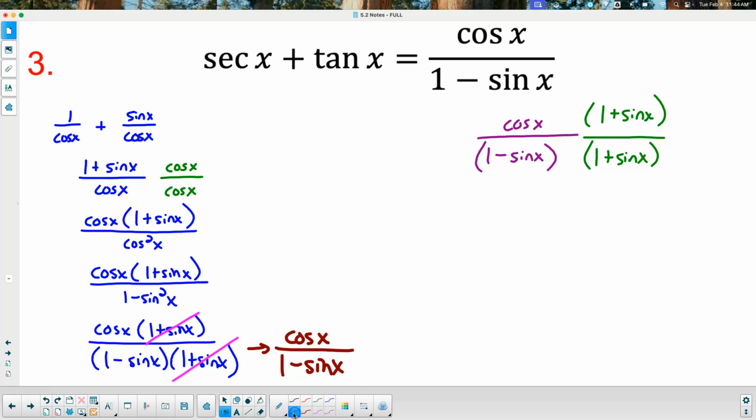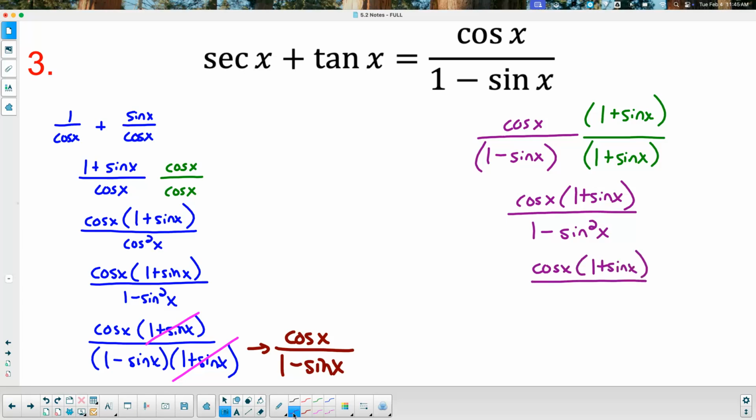Top then becomes... bottom becomes one minus sine squared, which is cosine squared.